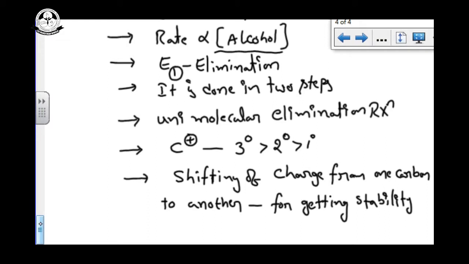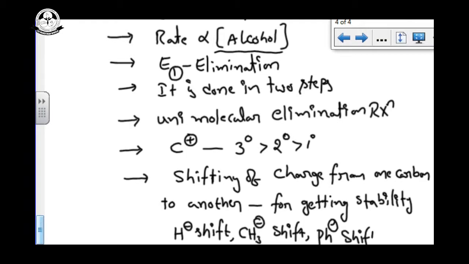I am recalling them again: hydride shift, methyl shift, and phenyl shift, that is C6H5 shift. One example we will discuss again for the hydride shift, methyl shift and phenyl shift reactions.